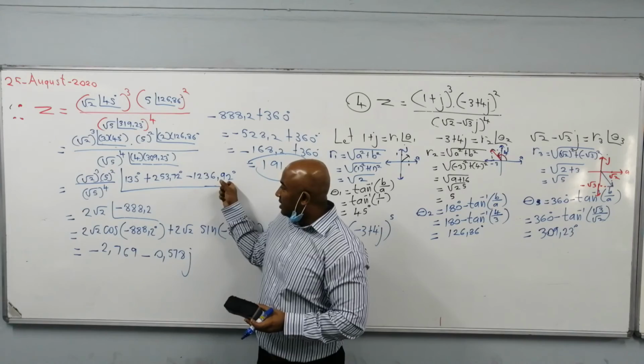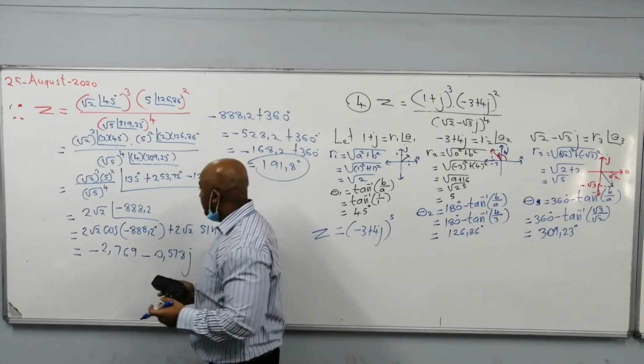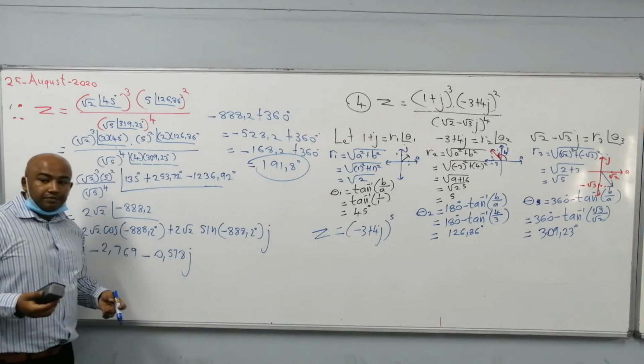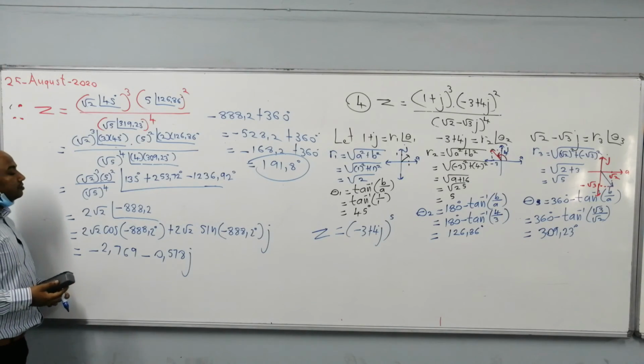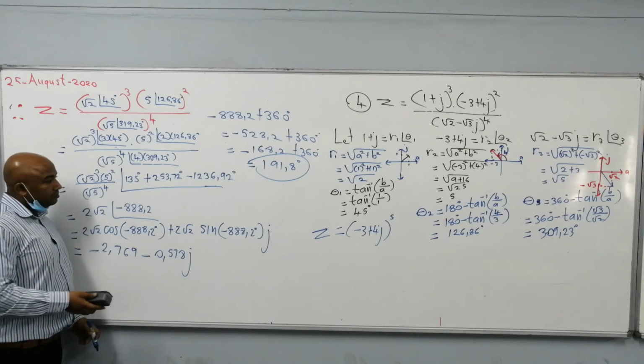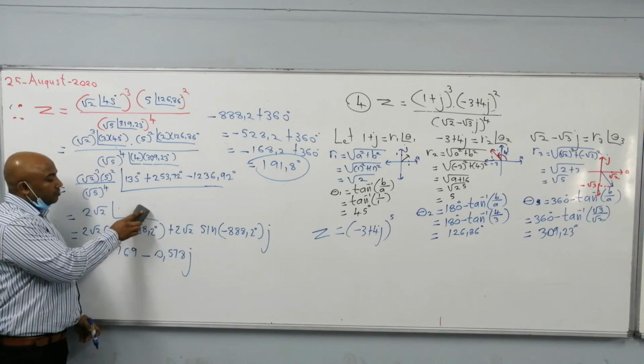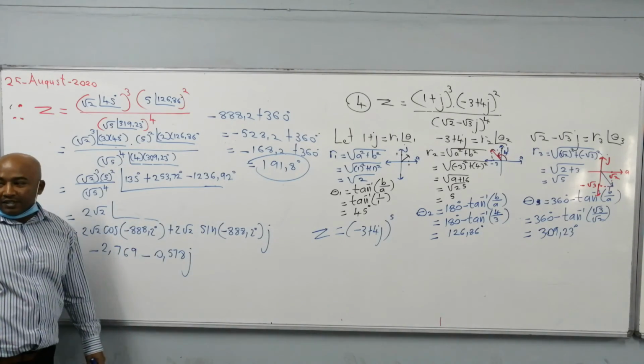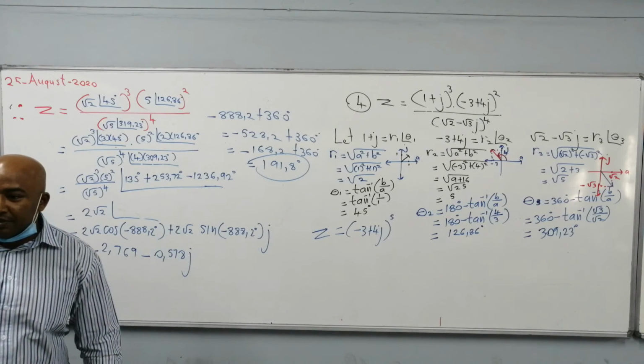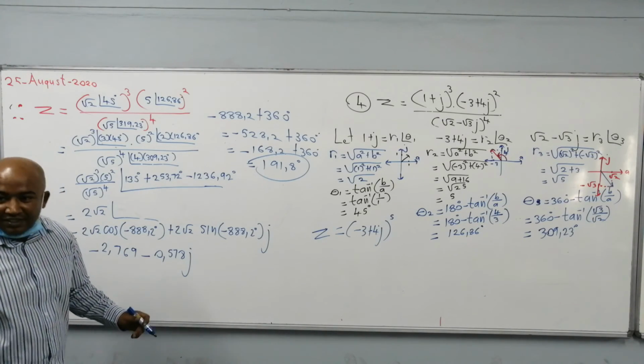Now do this for me on the calculator: that plus that minus that. Let's see what we get. Make it fast, like how you type on WhatsApp. What is it?